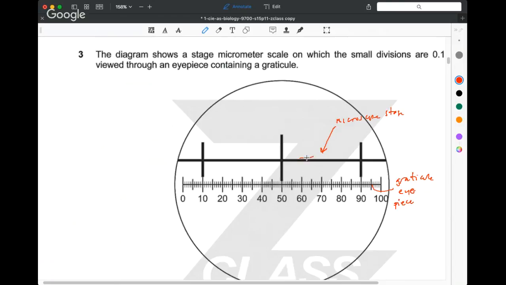Okay, so what you've got here is a ruler, and it says that this division here is 0.1 millimeters.